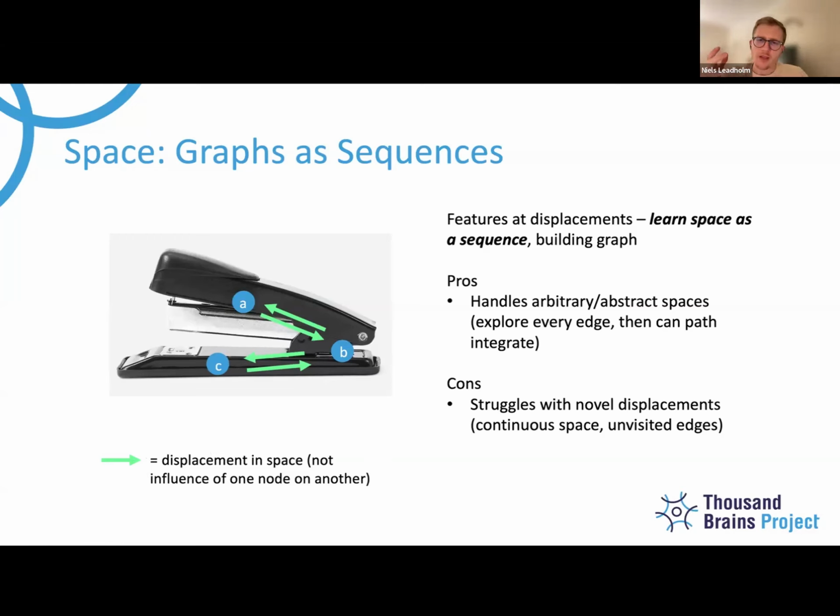But what we found when we tried to do this with the features-at-displacements learning modules was that this tends to struggle with novel displacements, in the sense that you end up trying to match these movements exactly. That's fine if you're operating in a discrete grid world where you're always going up one, right one, whatever.